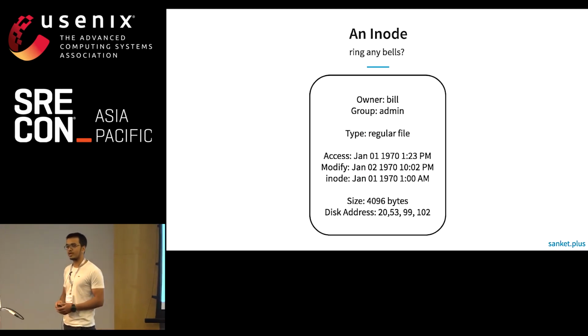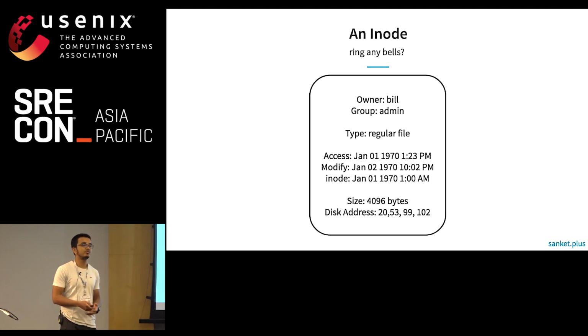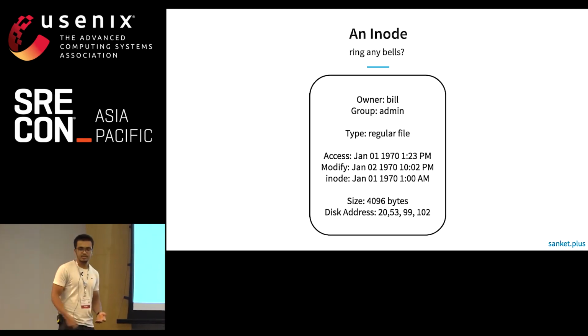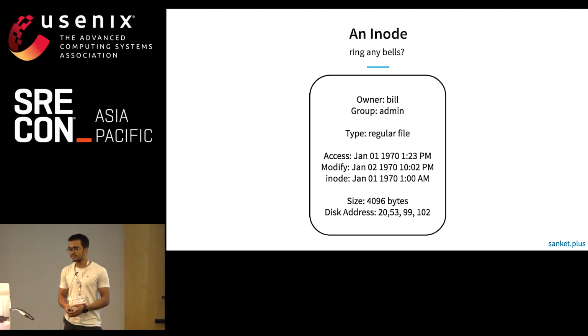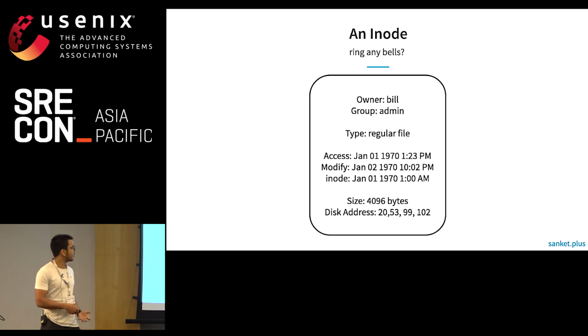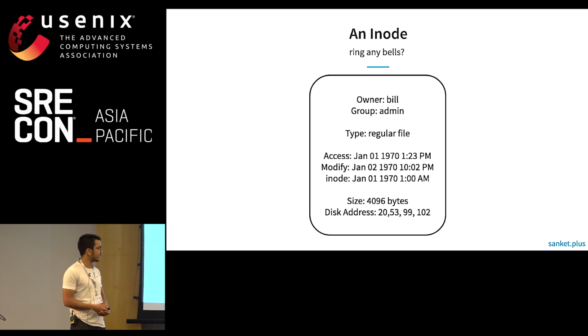The important one being type, that is, what kind of data the inode is pointing to, say file, directory, link, device, some timestamps, and of course in the end size, that is how big, and the most important will be disk addresses, that is where the actual data is located.